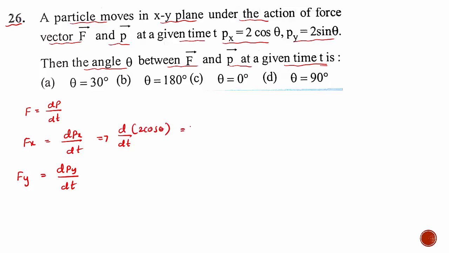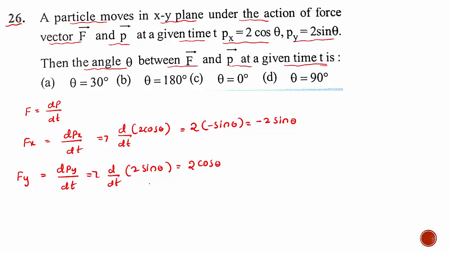Differentiating, take 2 outside, differentiating cos theta gives minus sin theta, so we write minus 2 sin theta. Similarly, d by dt of 2 sin theta, the py value, is 2 into the derivative of sin theta, which gives cos theta. So these are the values of Fx and Fy.